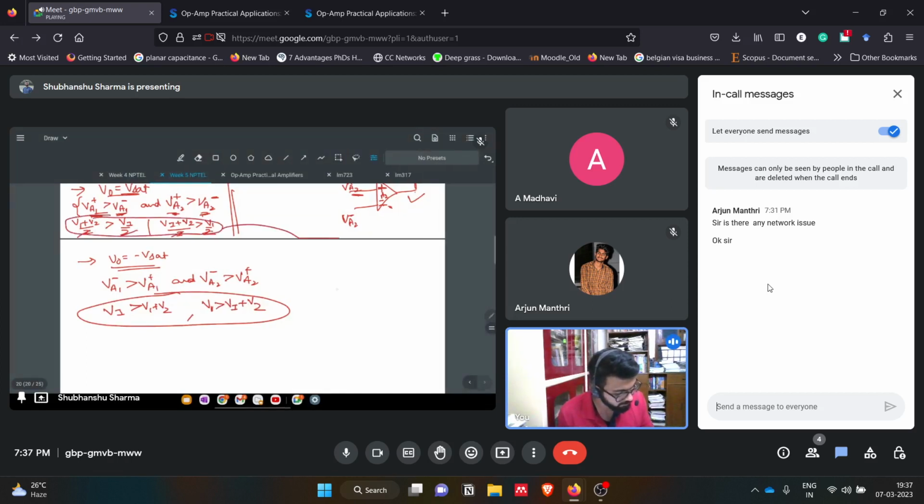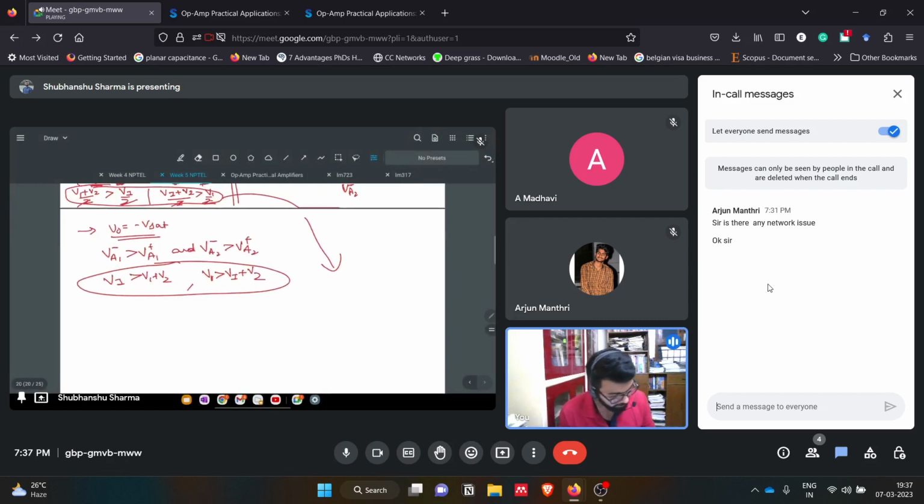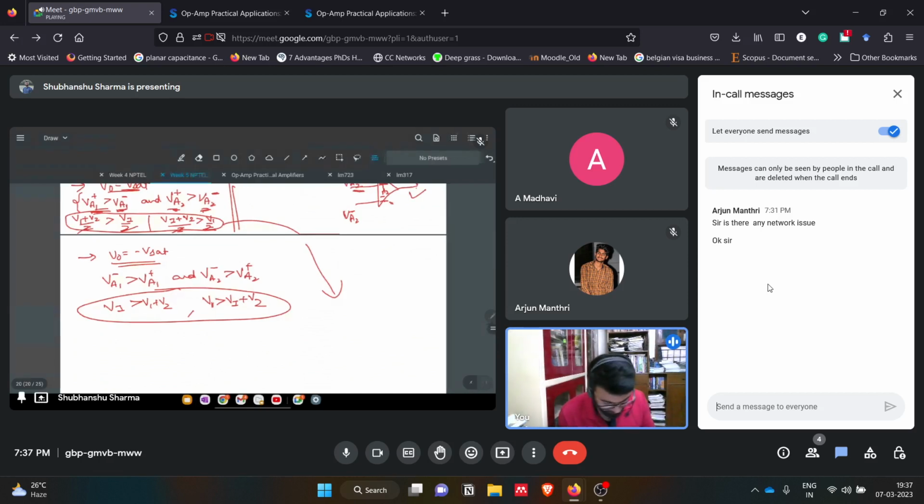Based on these conditions, what can we get from the first two? Solving these two conditions using the inequalities, Vi is greater than V1 minus V2, but it is less than V1 plus V2. That is one condition.